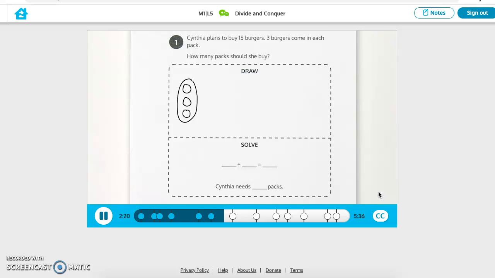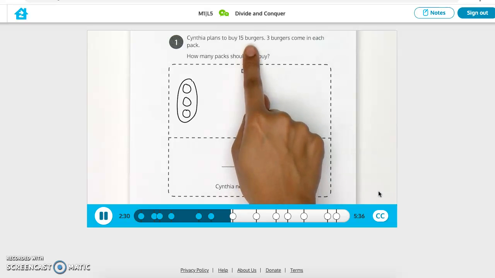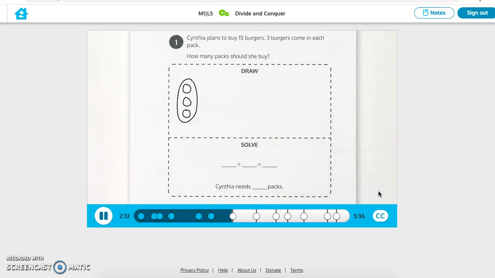Check your work to make sure you're on the right track. Then, finish drawing to show how many packs of 3 burgers Cynthia should buy. Remember, she wants to buy 15 burgers in total.